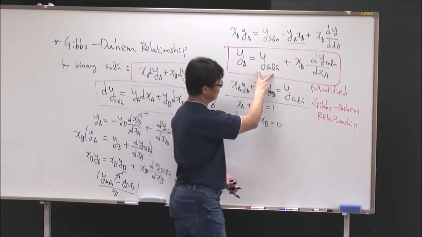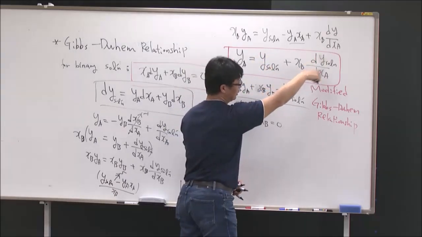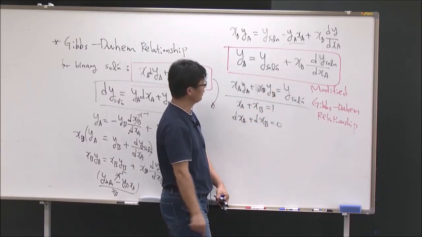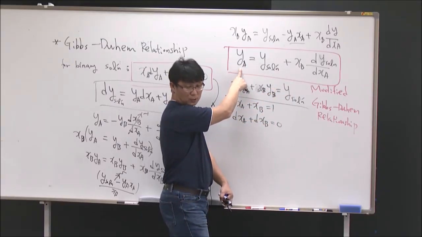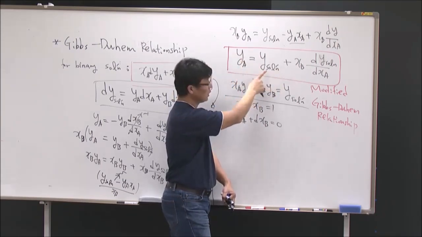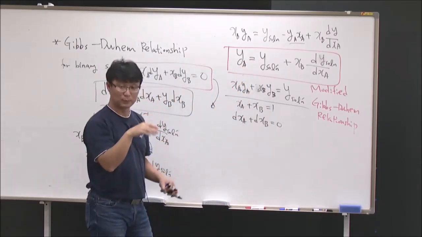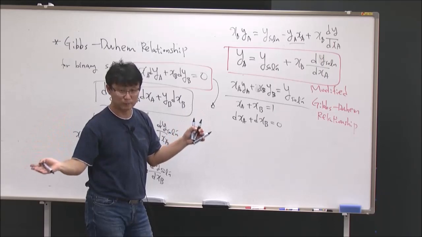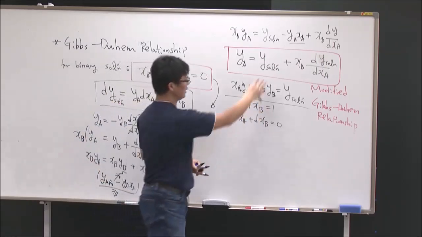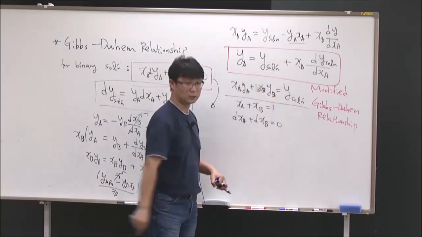If I know the total solution property, then by taking the derivative with respect to the mole fraction of A and multiplying by the mole fraction of B, I can get the partial property of A. So if I know the thermodynamic property of the solution as a function of composition at a given temperature and pressure, then I can take a derivative with the composition and multiply by the other composition component.